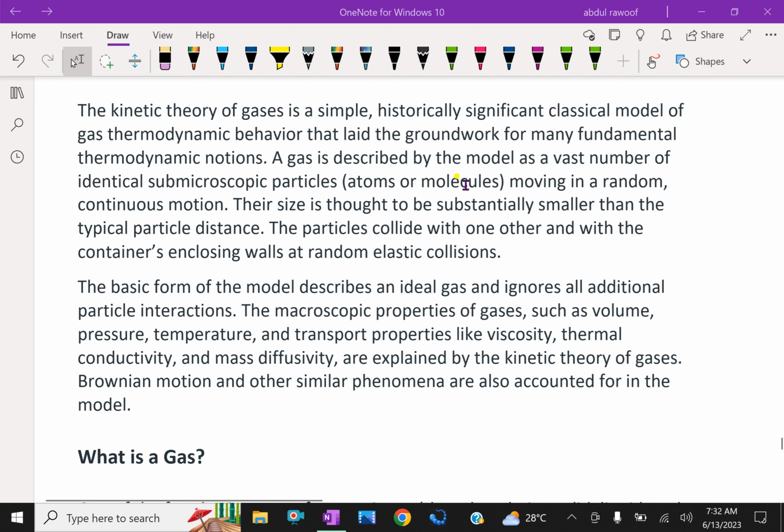A gas is described by the model as a vast number of identical submicroscopic particles like atoms or molecules moving in random, constant motion. Their size is thought to be substantially smaller than the typical particle distances. The particles collide with one another and with the container's enclosing walls in random elastic collisions.